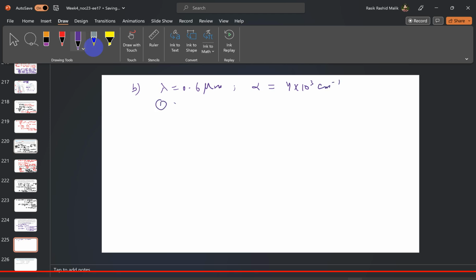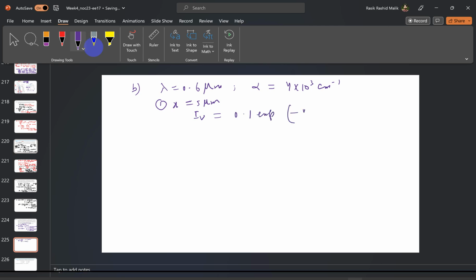So for part B, x equal to 5 micrometer, we will have intensity to be equal to 0.1 exponential of minus 4 into 10 to the power 3 into 5 into 10 to the power minus 4. Let me calculate it.